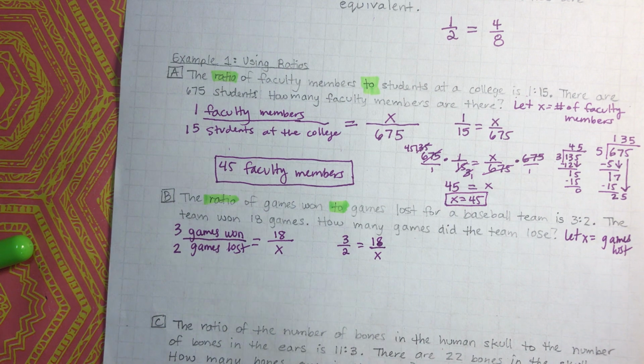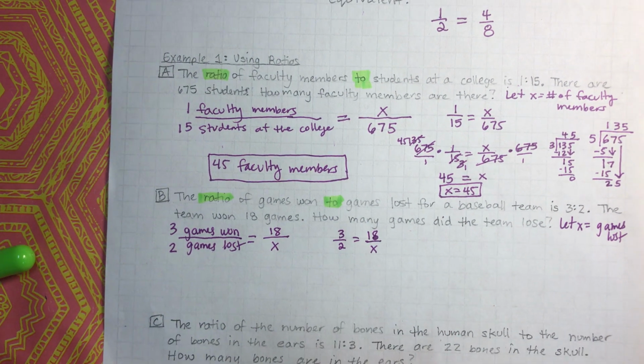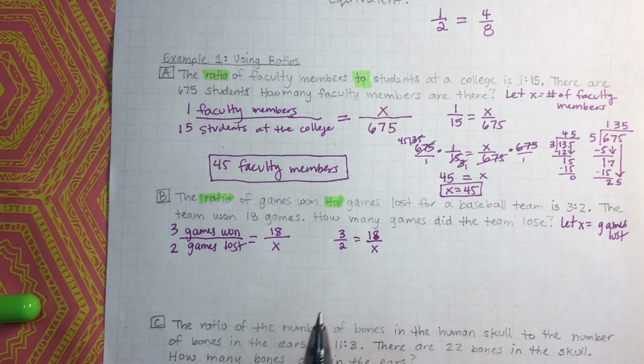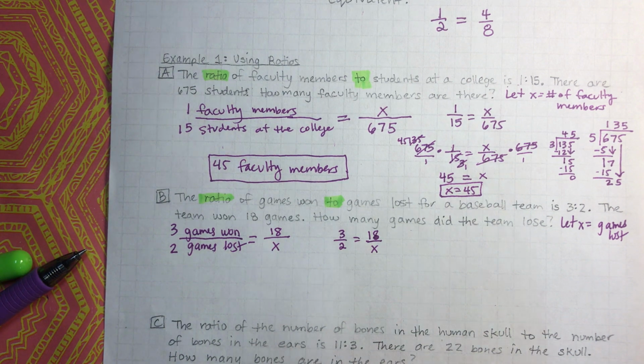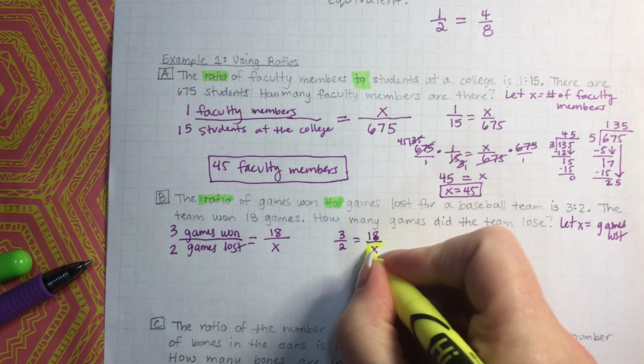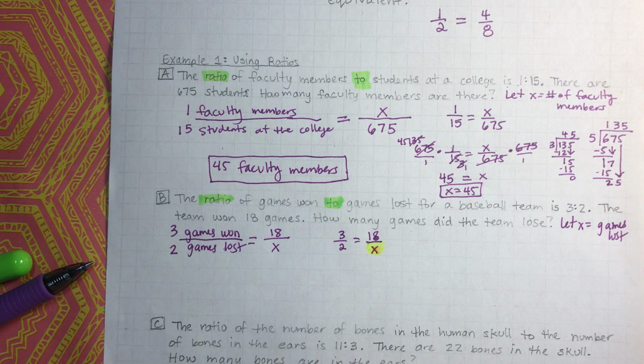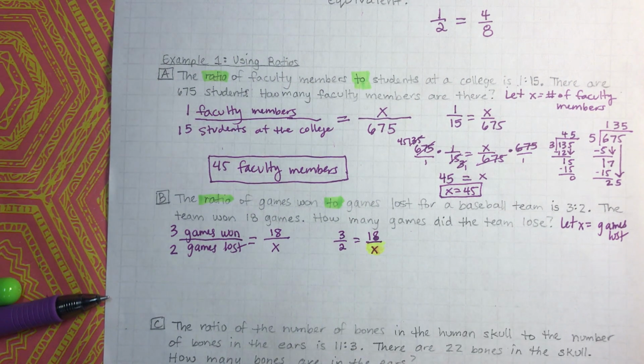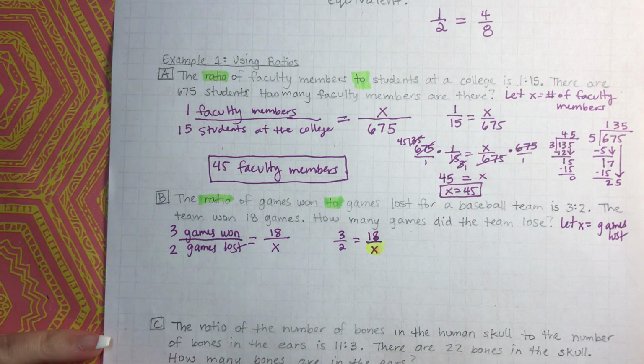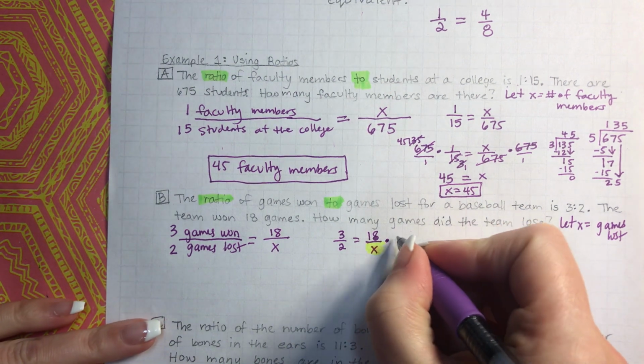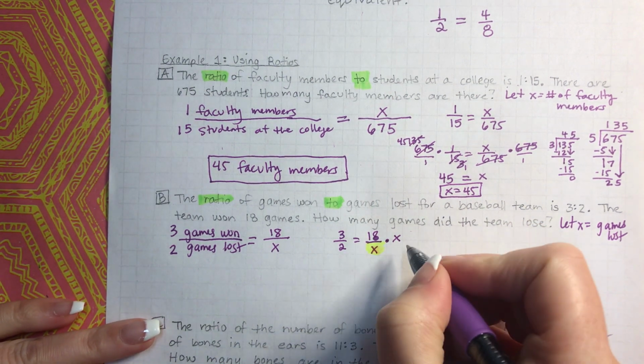Okay, now I'm just going to solve this. So to solve this, the one thing you have to remember is that whenever you're trying to figure out what x is, you can never figure it out when it's on the bottom of a fraction. So our first plan of attack is to get the x on top. And how you do that is multiplying both sides by x.